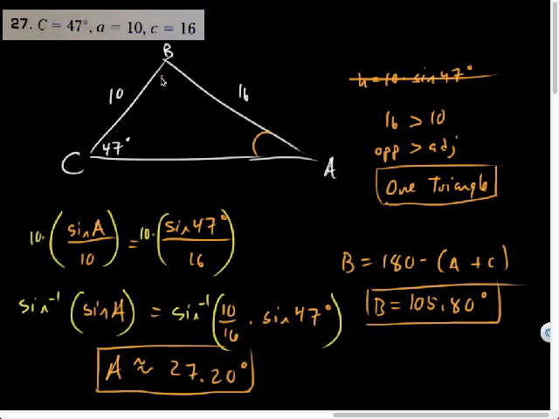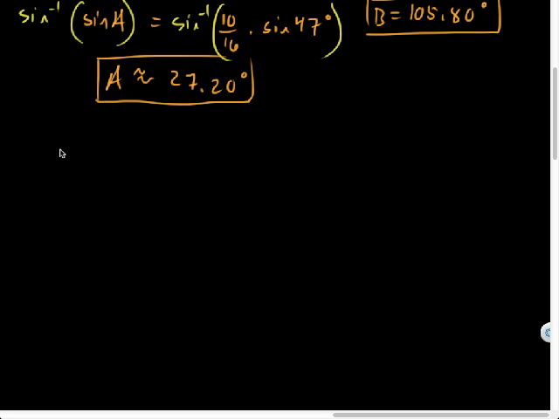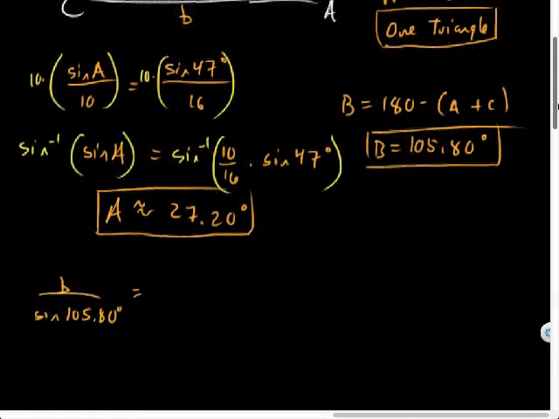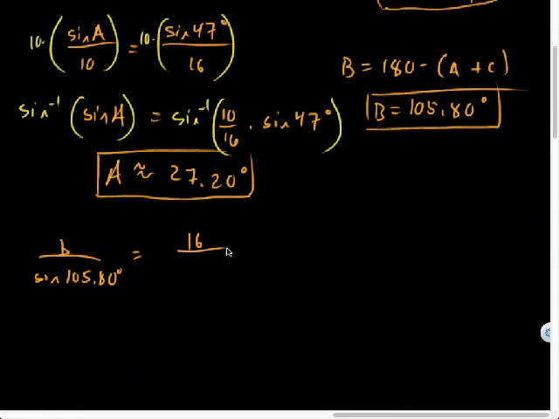And now that I know angle B, I could then find side B, because I can use this pair in the law of sines. So I'll do little b over the sine of 105.8 degrees equals, and I'll compare that to the C's 16 divided by the sine of 47.